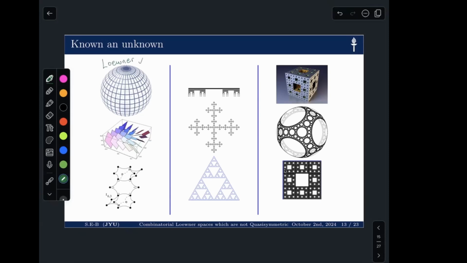We have the standard sphere, the Heisenberg group, and the Bourdon-Pajot building. Bourdon-Pajot is not trivial to construct the metric, but once you've done it, then all of this becomes trivial because we know what the metric is. We know what the Loewner structure is.